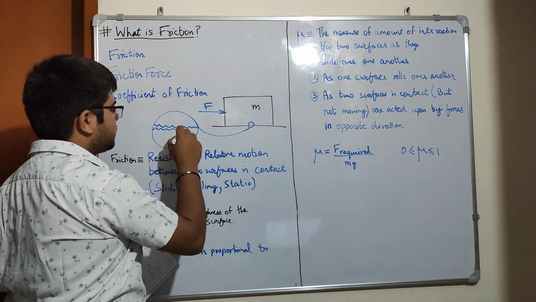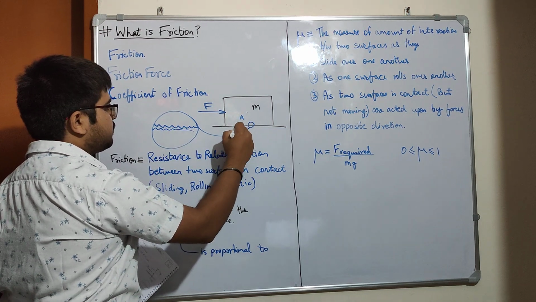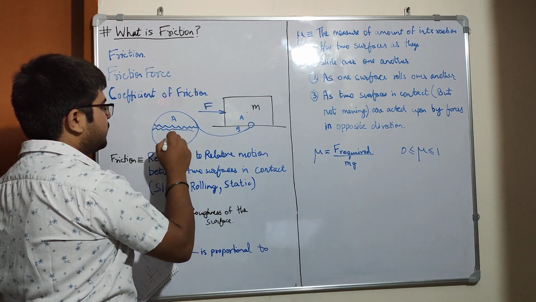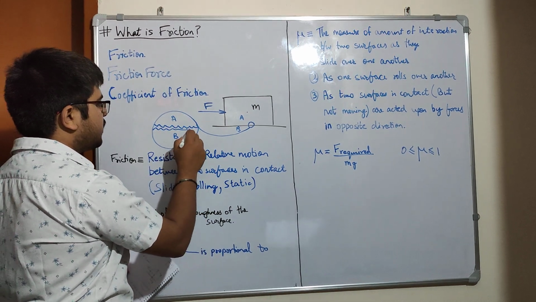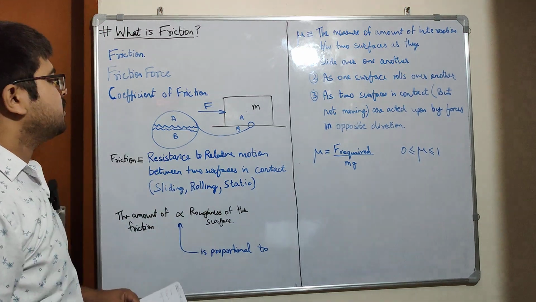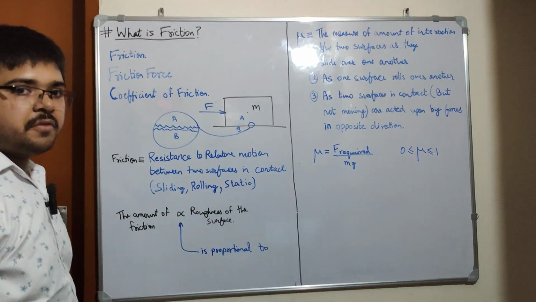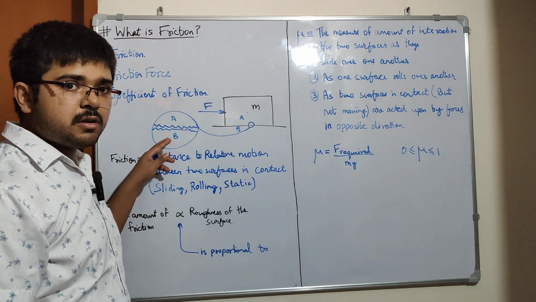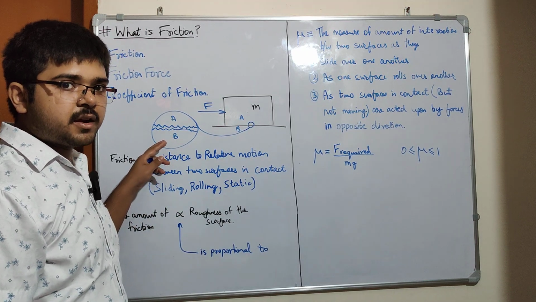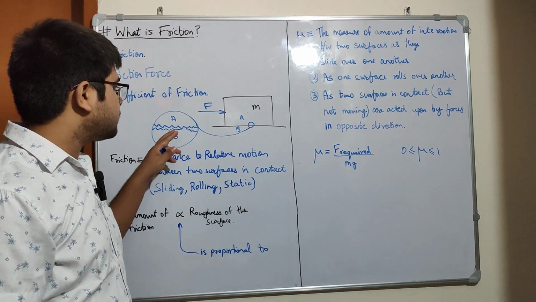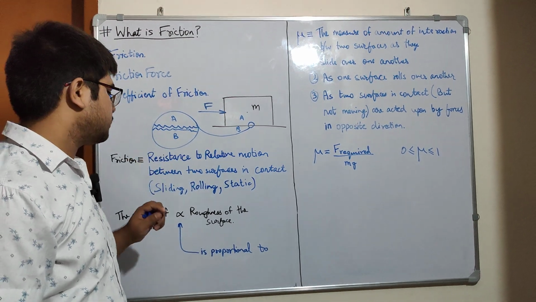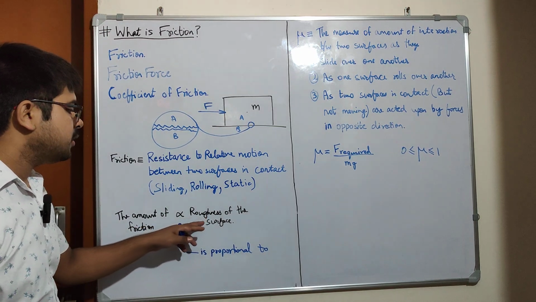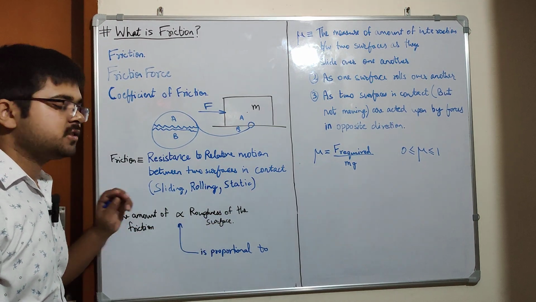Suppose this is surface A, this is B, this is A, this is B. Then the two surfaces have interlocking between them, which when the relative motion happens, these irregularities break apart, and this causes a frictional force.